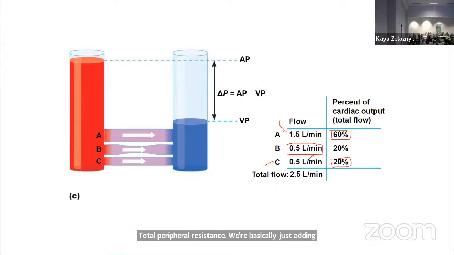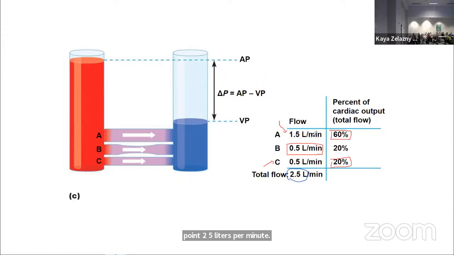So by increasing the total resistance, we also decreased our total flow. So we're no longer looking at divisions of 3 liters per minute. We're now looking at divisions of this lower flow rate, 0.25 liters per minute through the system as a whole.